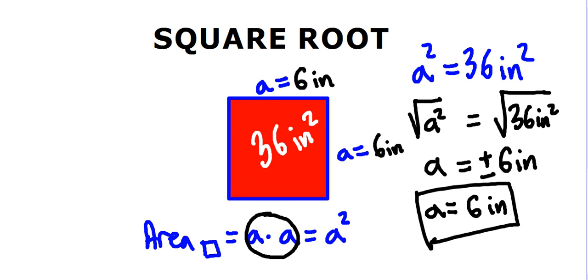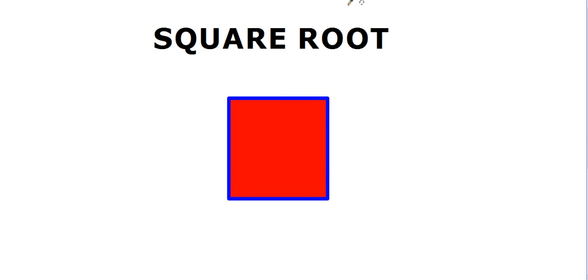And let's do one more problem and we'll finish with square roots. Somebody tells us that the area here is 25 inches squared. So then our sides here should be 5 inches, and this should be 5 inches.